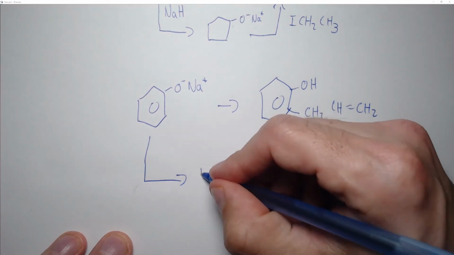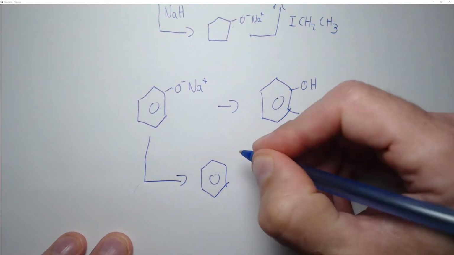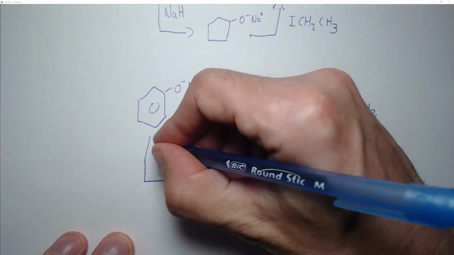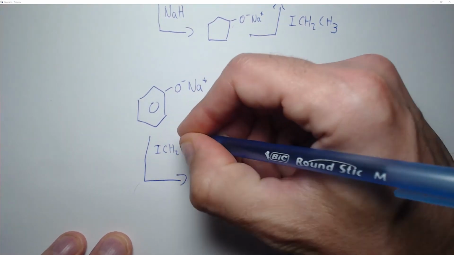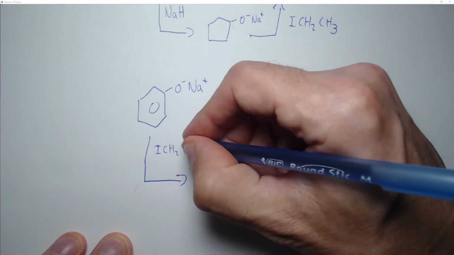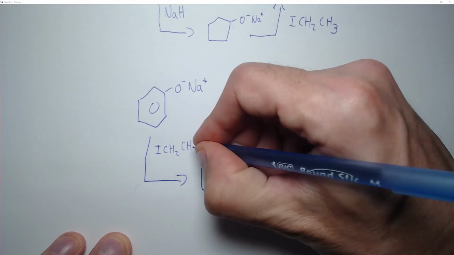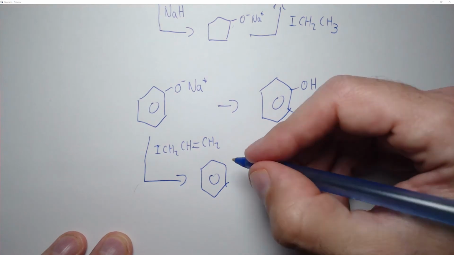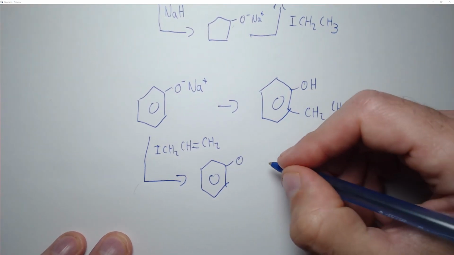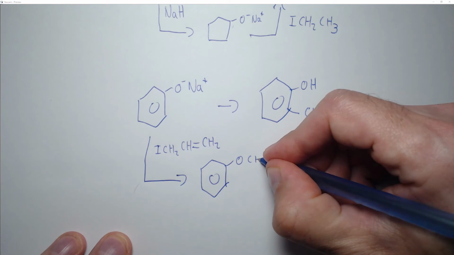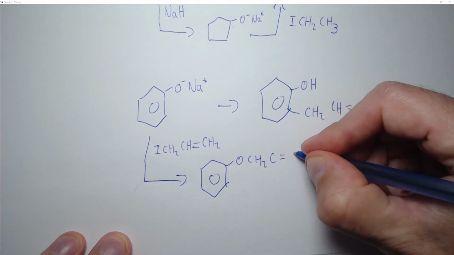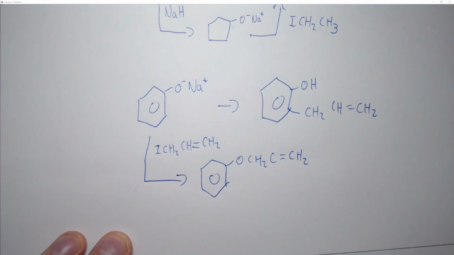To do that, we would need to add to this group. Specifically, we would use ICH2, CH, double bond, CH2. And what we would end up with is an oxygen with a CH2, CH, double bond, CH2.